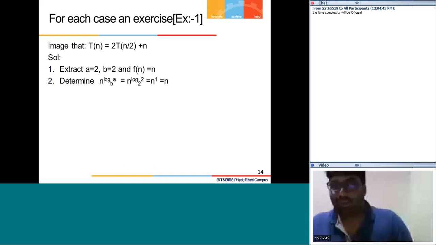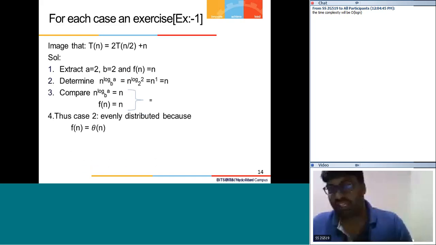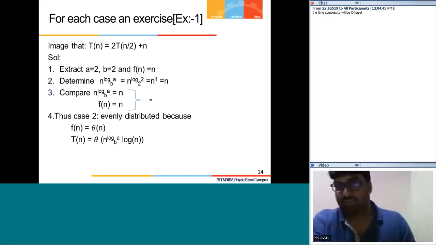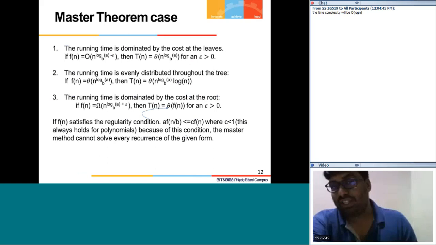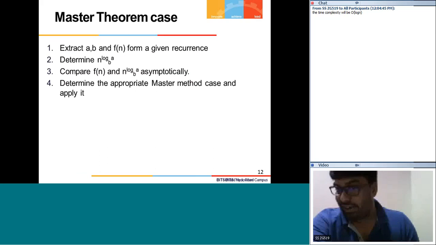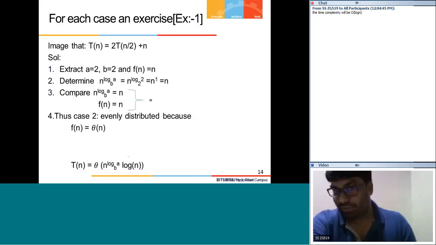Yeah. Now if you see, I substitute f of n is equal to theta of n, right? See, f of n is equal to theta of n to the power log b a. a's value is 2, b's value is 2, so f of n becomes theta of n.